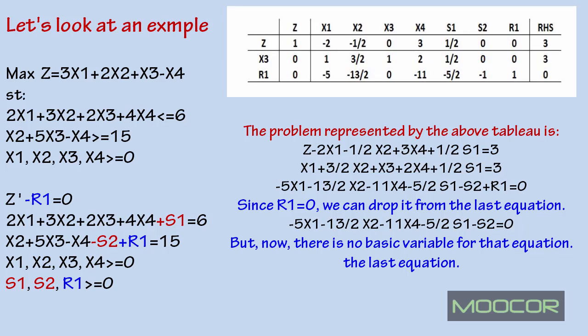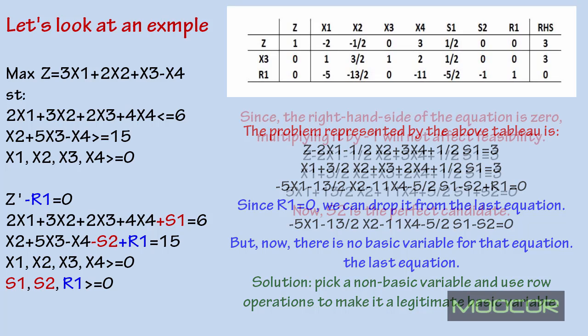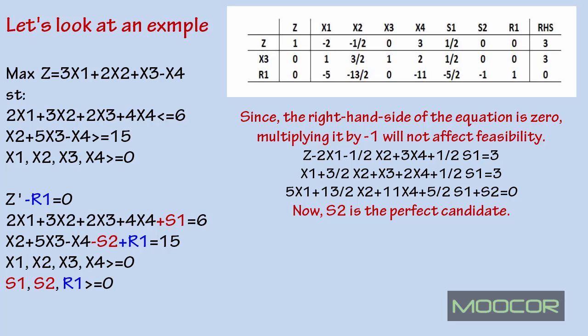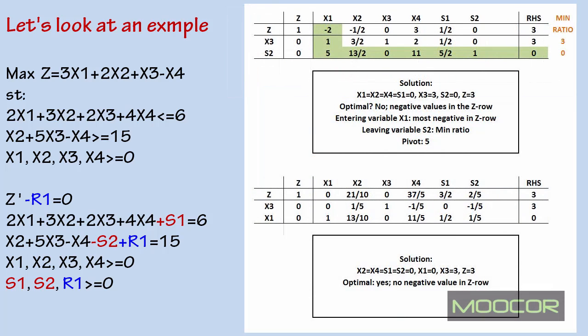To find the basic variable for my tableau, I should just pick another one of the non-basic variables from the set that I have. Looking at the equations, I notice that S2 is a very good candidate. Its entry is negative at the R1 row, but because the right hand side is 0, I can actually multiply the whole row by a negative sign, and I would end up with a legitimate basic variable for my tableau.